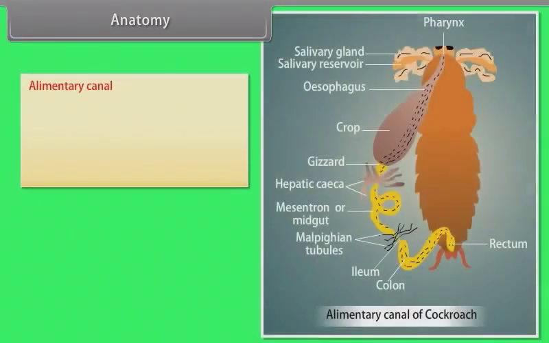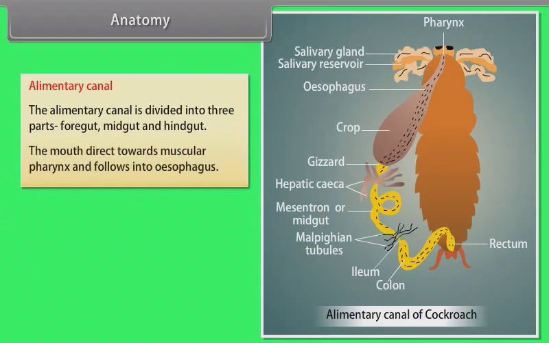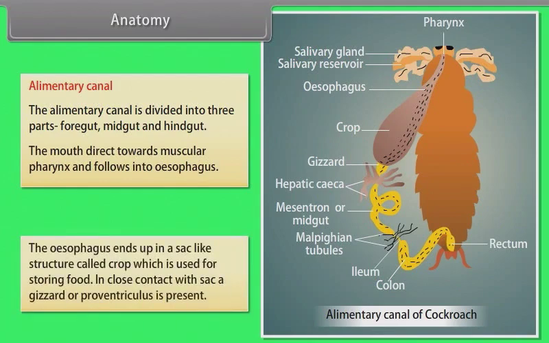Anatomy. Alimentary canal. The alimentary canal is divided into 3 parts: foregut, midgut, and hindgut. The mouth directs towards the muscular pharynx and follows into the oesophagus. The oesophagus ends up in a sac-like structure called the crop, which is used for storing food.